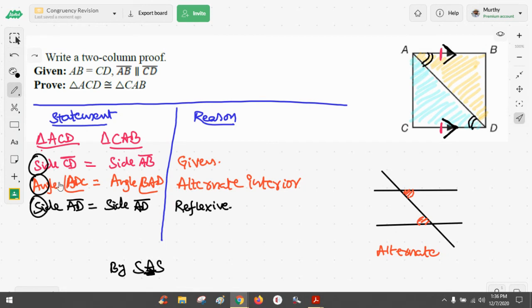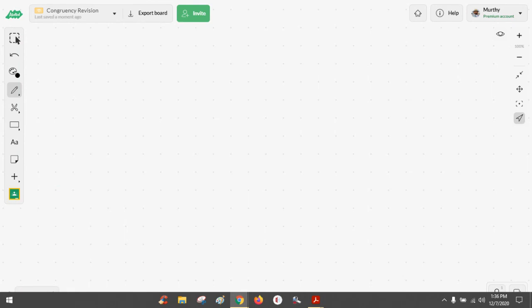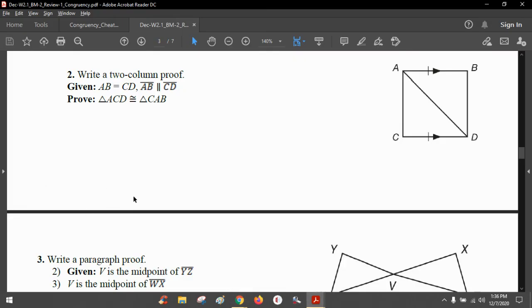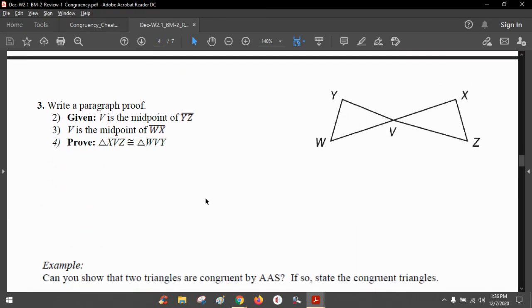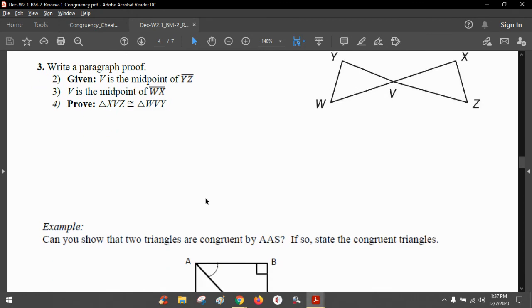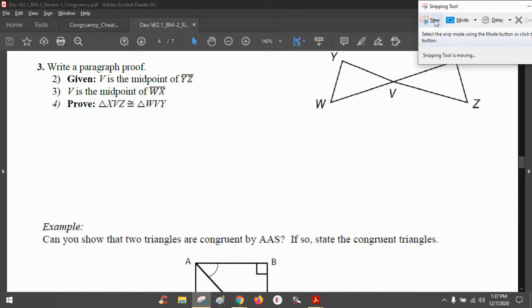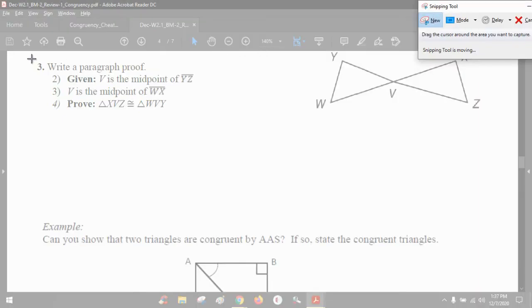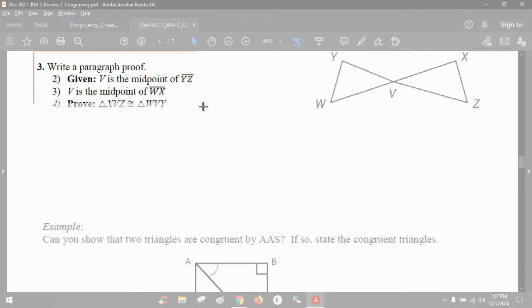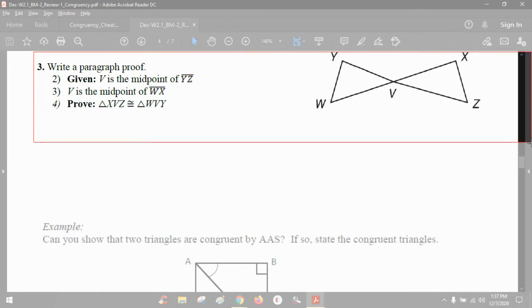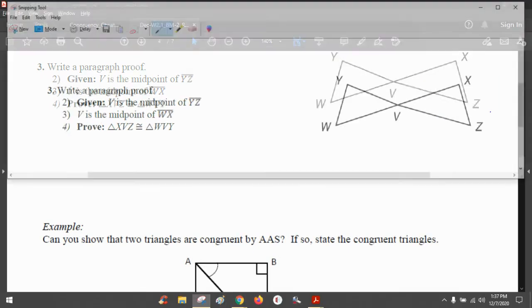Let me take one more question from the worksheet. So this one.